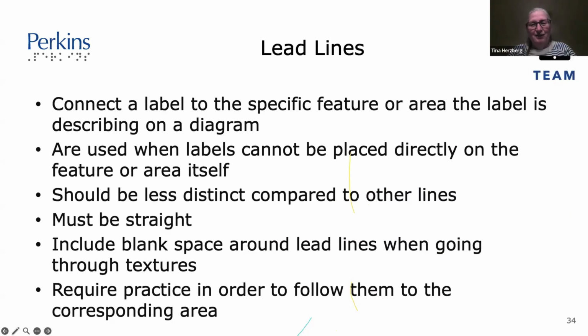So lead lines. First of all, lead lines should always be the less distinct of all the different lines, and they should be straight. What lead lines do is connect a label to a feature or an area on a diagram. Sometimes there's just not really room for us to write in Braille what it is, so we have to use a lead line.